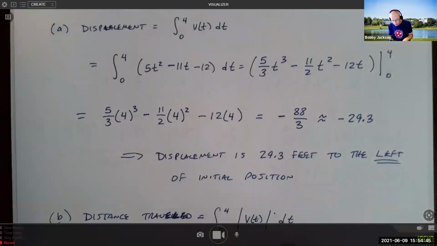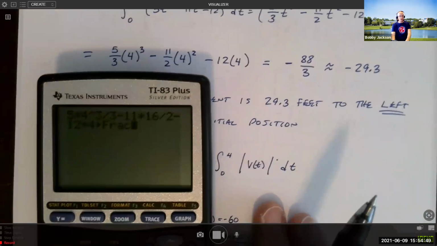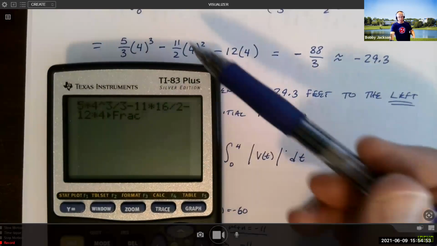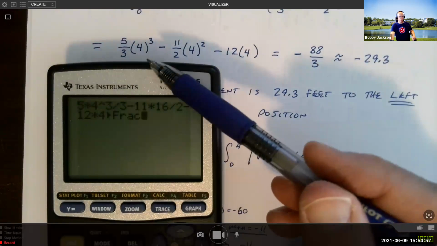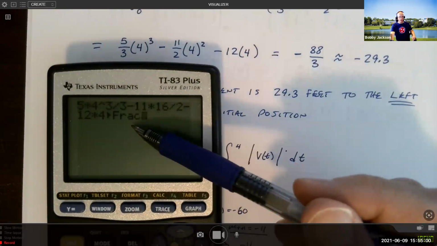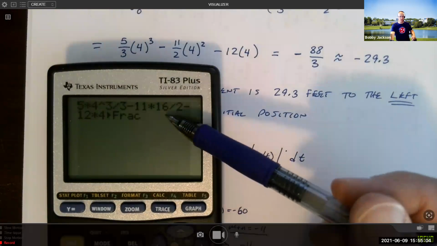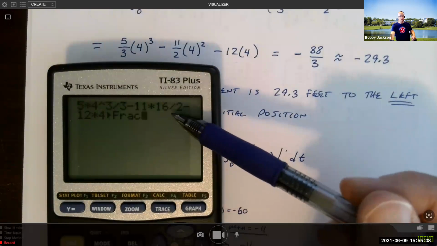And then, this gets a little tedious with some of these fractions. You can do everything by hand, but it does help in some of these. If I just type in 5 times 4 cubed divided by 3 minus 11 times 4 squared, which I put in as 16. I think I could do that in my head. Divided by 2, I guess I could have done that in my head too.